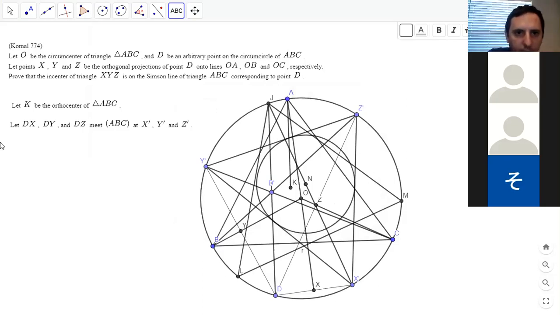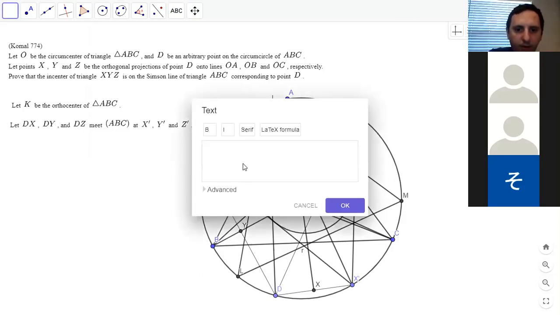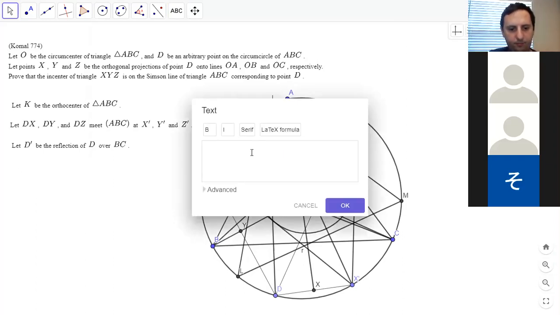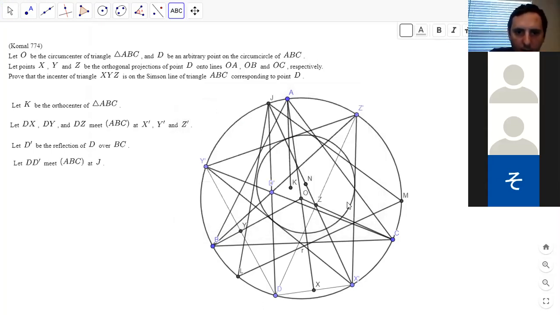And let D prime be the reflection of D over BC. And let DD prime meet the circle at J. Then that proves that D prime is the orthocenter of JBC.